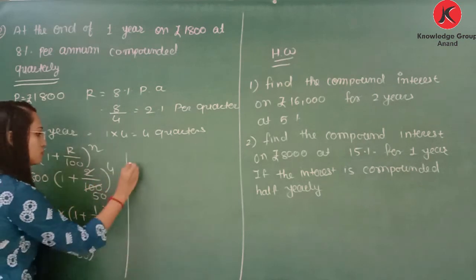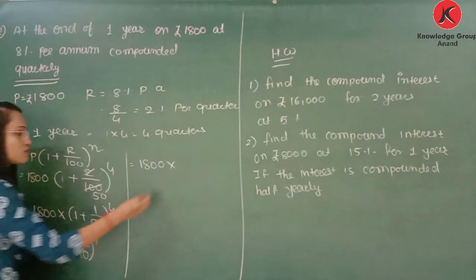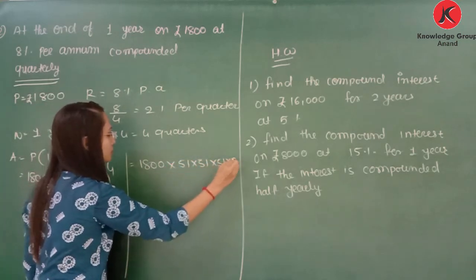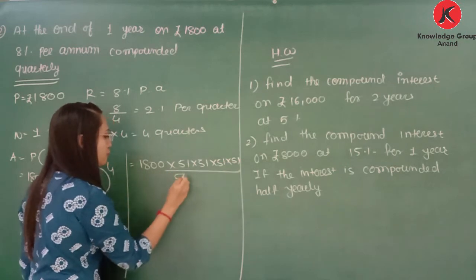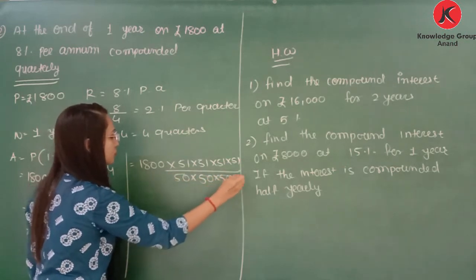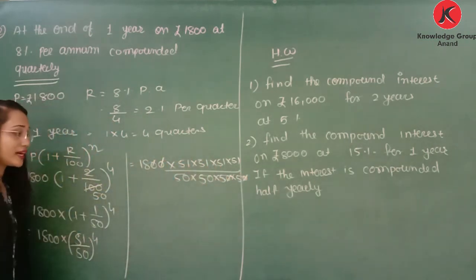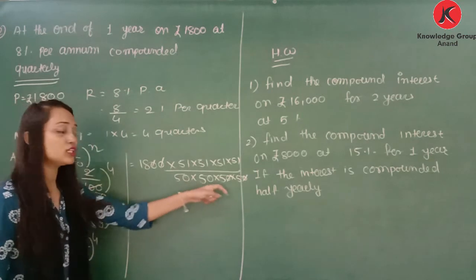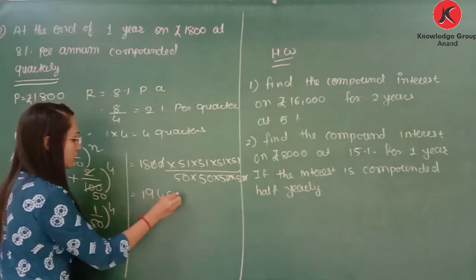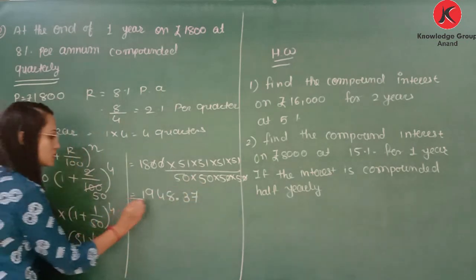So it means 1,800 multiply, raised to 4 means multiply 51 4 times and divide 50 4 times. If you solve this, multiply 51 4 times with 18 and divide it with 125, you will get 1948.37. So this is our amount.